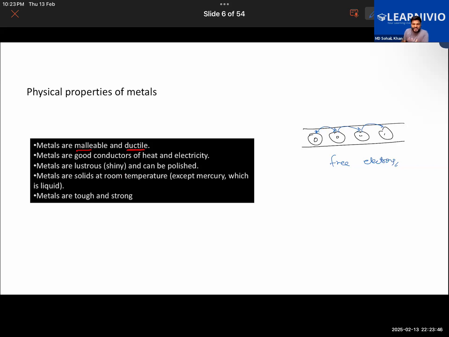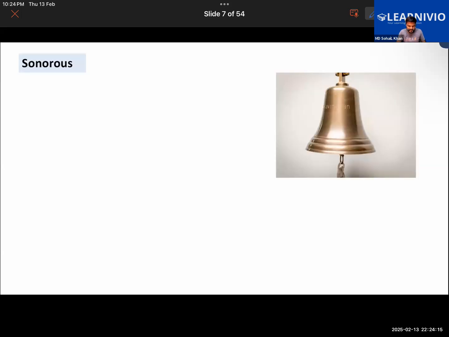Then they are tough and strong. That's why for construction purposes, metals are preferred because of their high strength, and they can survive in various environmental conditions. They are durable, they have longevity, they have the ability to withstand harsh weather conditions compared to other materials.